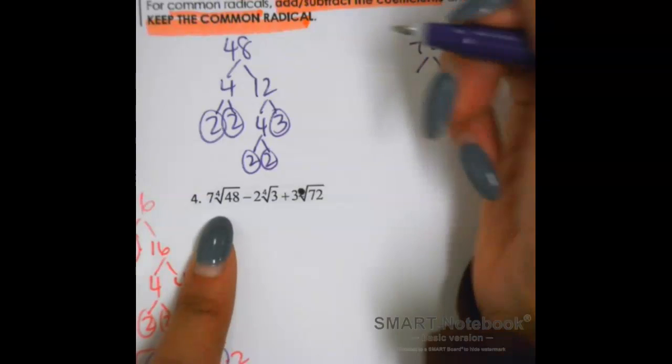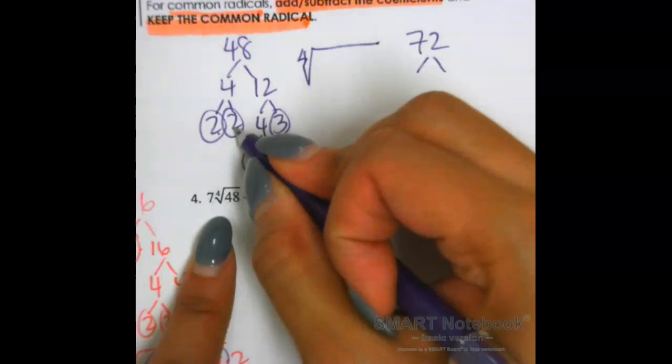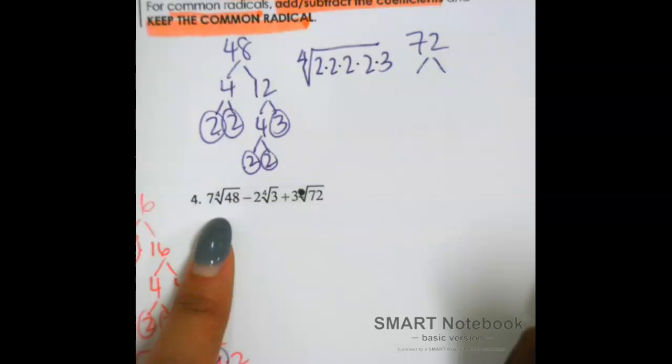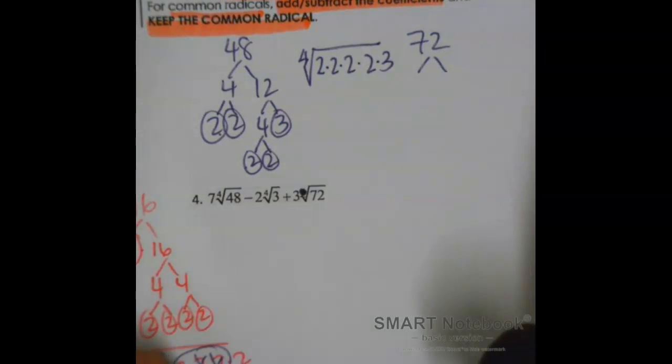Since I'm doing the 4th root of 48, let me just do it now. So the 4th root of 48 is 4 2's and a 3. For 72, I'll have to do that one in just a second.